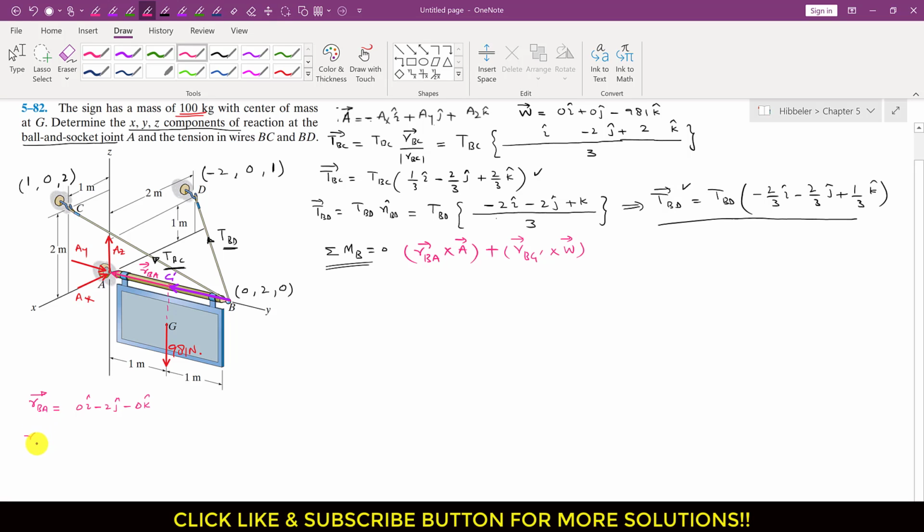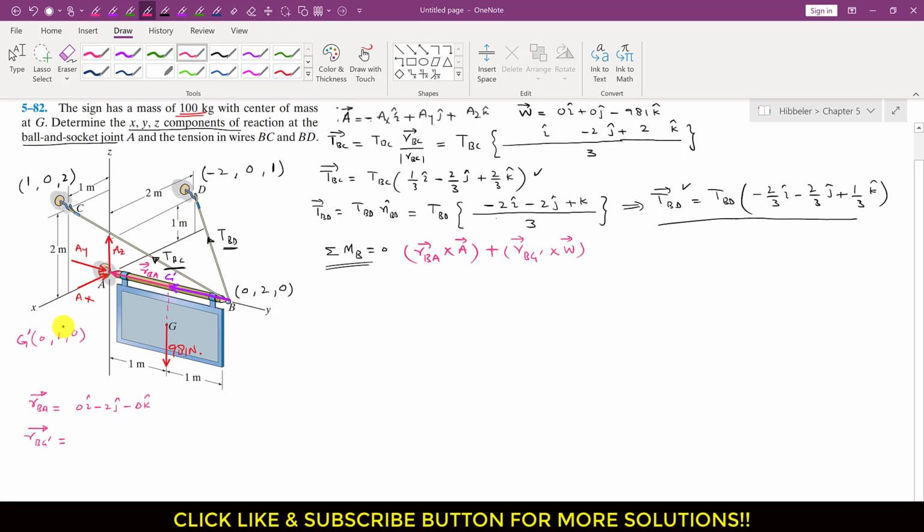Similarly, the position vector from B to G dash. First we need to find the coordinates of G dash. To reach this G dash we need to travel 1 meter in the positive y direction. So this is 1, and there is no need to travel along x or along z, since this G dash is lying on the y axis. To find this RBG dash, we need to subtract the coordinates of B from G dash.